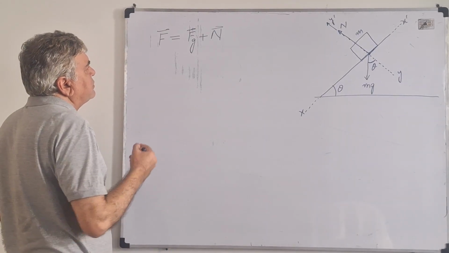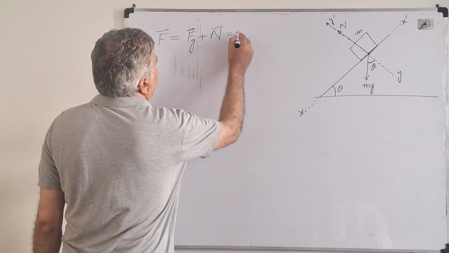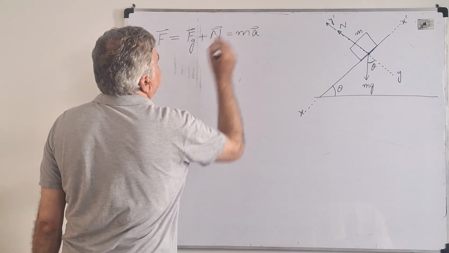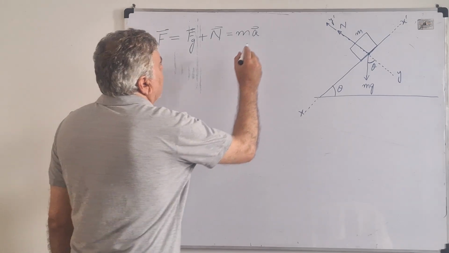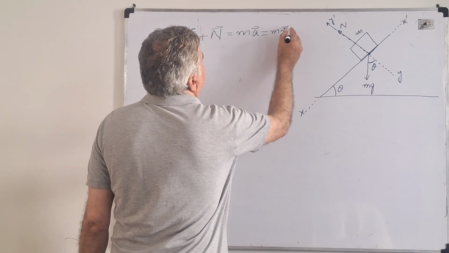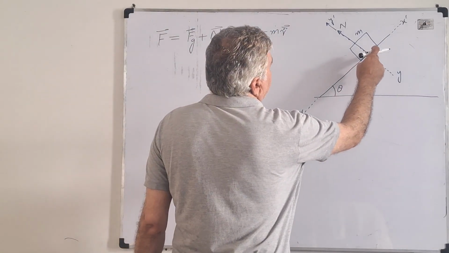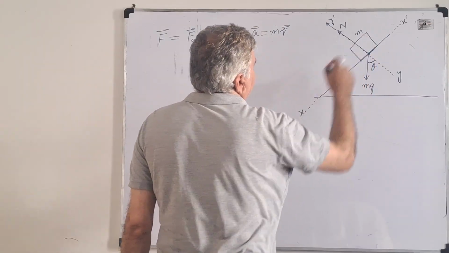And this net force, according to Newton's second law, must be equal to mass times acceleration, which I can also write as m times r double dot, where r double dot is the acceleration of the block along the plane.